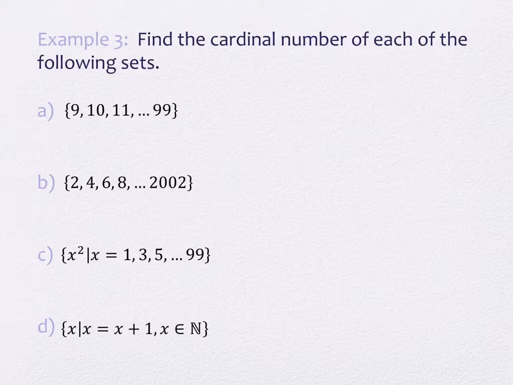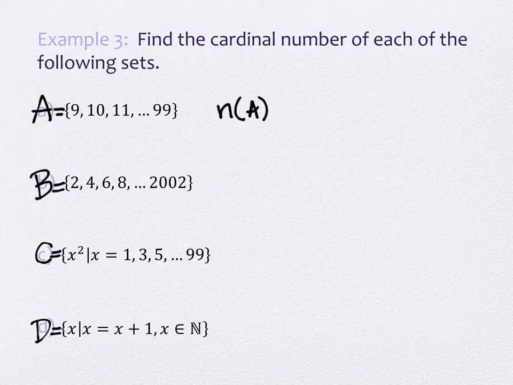For the sake of using my symbols, I'm going to call the first set set A, the second set B, the third set C, and the fourth set D, because I want to write down that I'm finding n of A, just for us to have some practice using the right notation. All right. The first set, 9, 10, 11, ... 99. How many numbers are in that description?